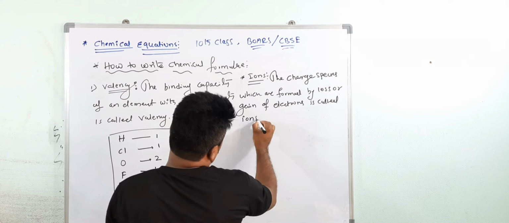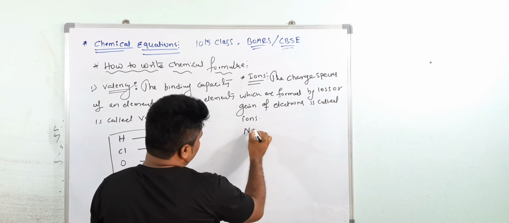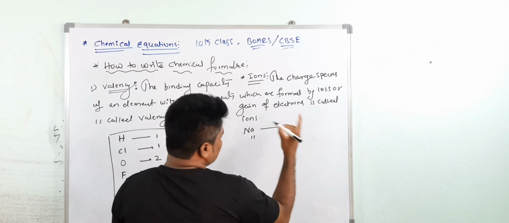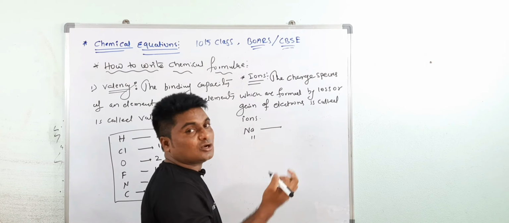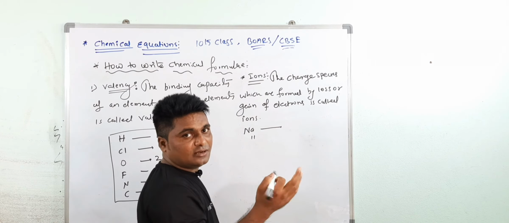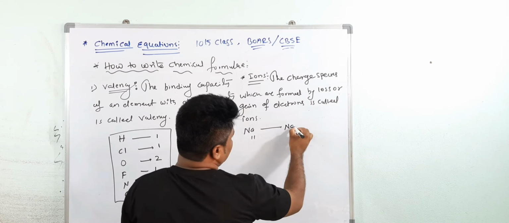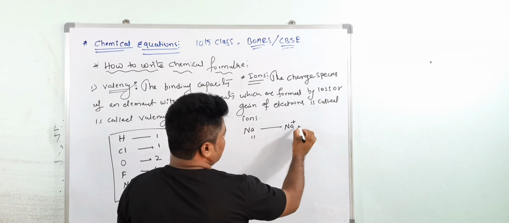Okay, see for example sodium. The atomic number of sodium is 11, and it loses only one electron. Actually, to get the octet, 8 electrons in the valence shell, but just consider that it lost only one electron. When an electron is lost, it gets a positive charge.